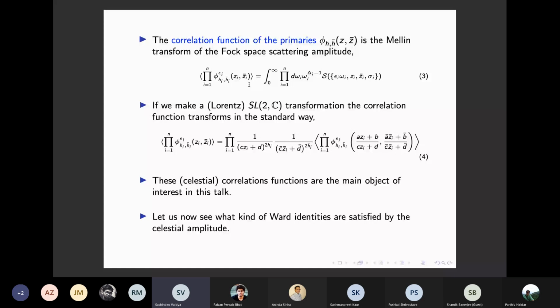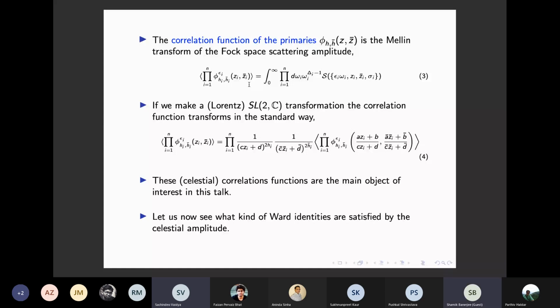Can you remind us of a situation in ordinary QFT calculations where you make this analytic continuation of the p's to complex? Of course, the on-mass shell condition is only for real particles.